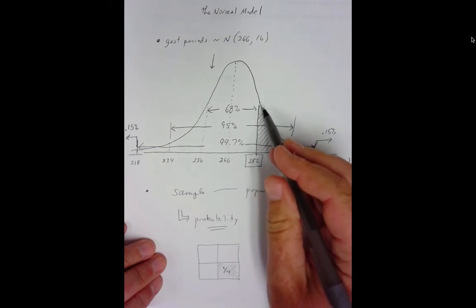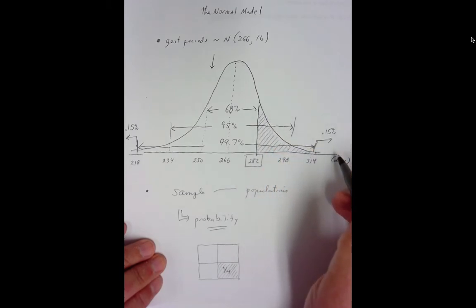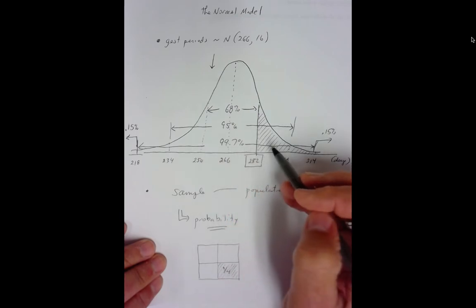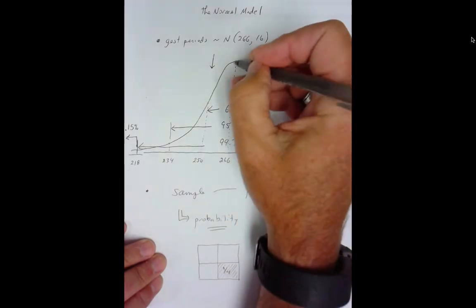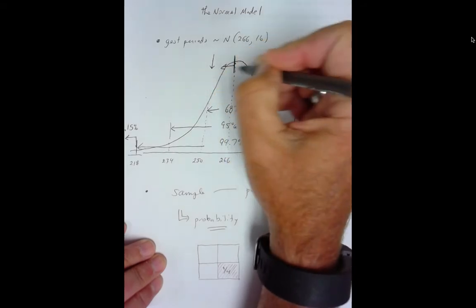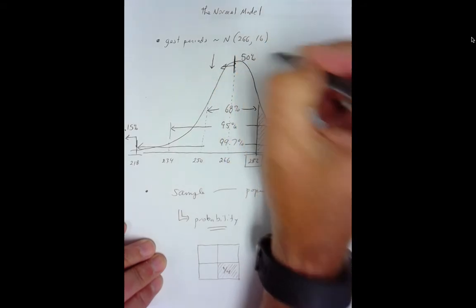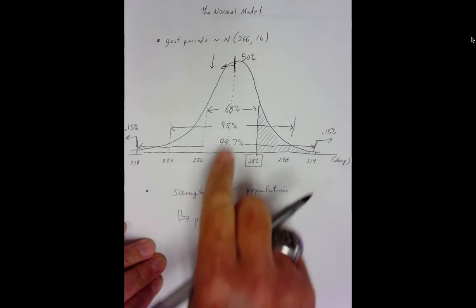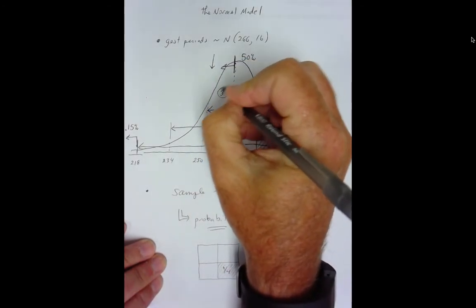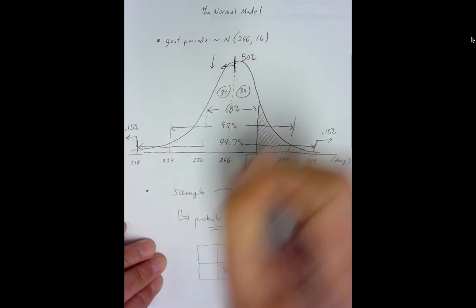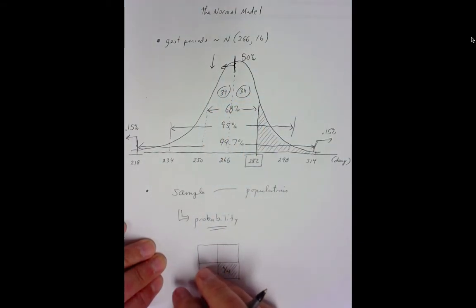If I can find the area under the curve here in relation to the whole area, I can get the probability. Well, what do I know? I know that, first of all, from here back has to be 50%. I know that 68 could be divided to 34 here and 34 there, right? Again, because of symmetry.